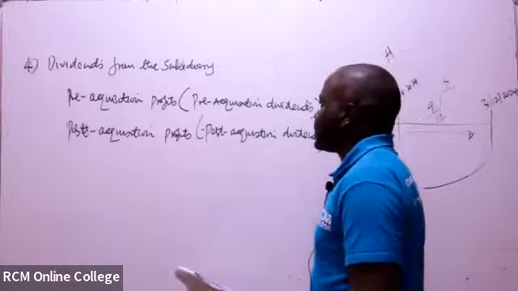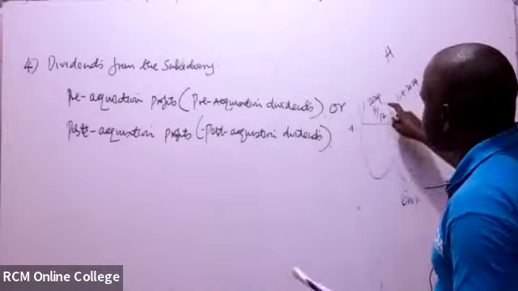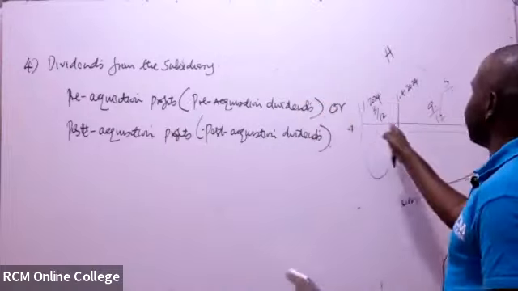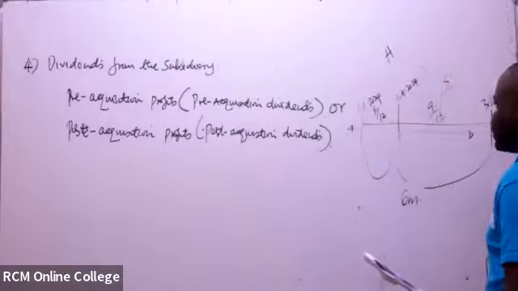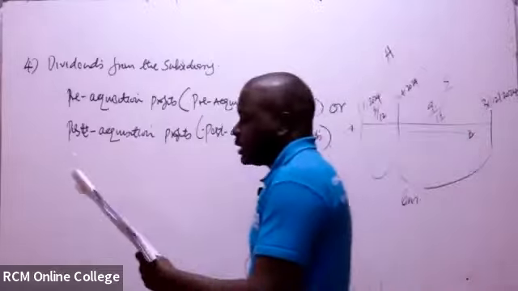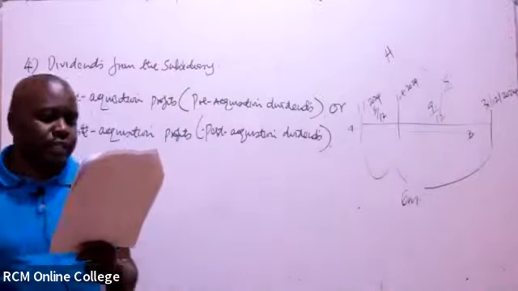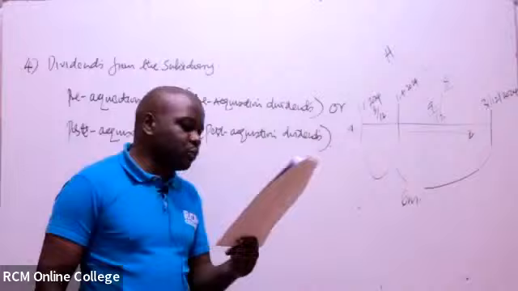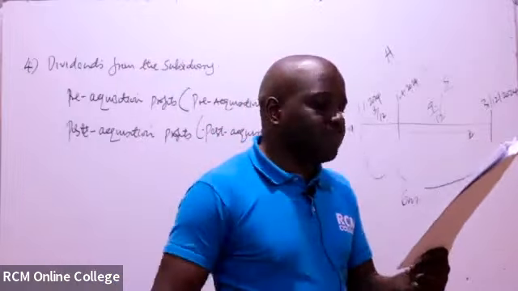The one paid before the acquisition, for the 3 months and the period behind, we call pre-acquisition dividends. The one enjoyed after the acquisition is the post-acquisition dividends. So that's what you're saying: that dividends may be paid out of pre-acquisition profits, in brackets pre-acquisition dividend, or paid out of post-acquisition profit, which we call post-acquisition dividend.